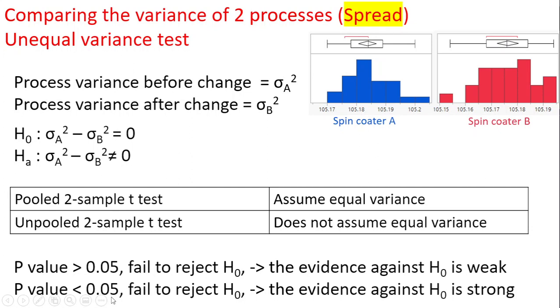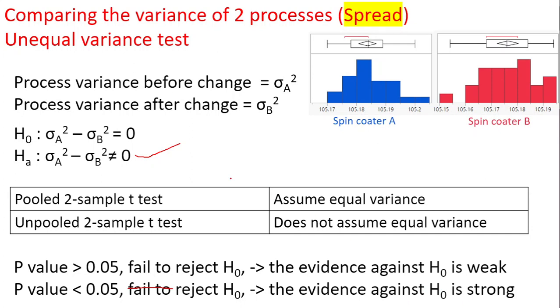On the other hand, if your p-value is less than 0.05, then you reject. This is an error. Let me correct this. So in this case, you reject the null hypothesis and you accept the alternate hypothesis because you have strong evidence against your null hypothesis.